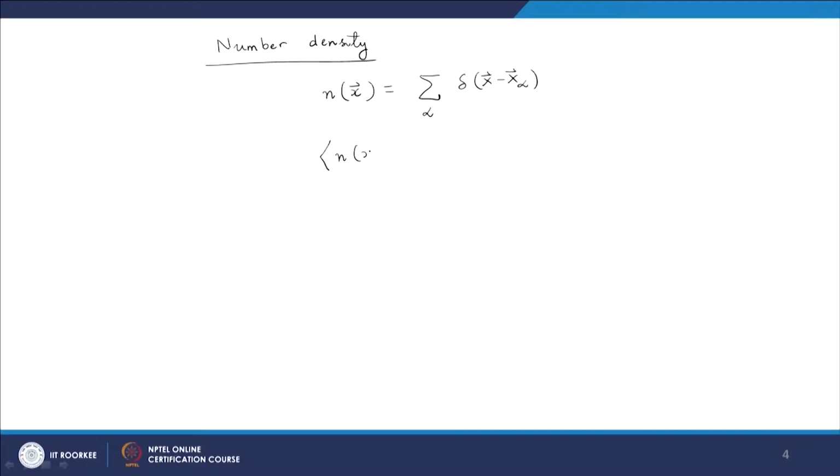So if I take an ensemble average of the number density, we should get n by v only for a homogeneous system, like a liquid. In a liquid, the molecules can essentially take up any position.